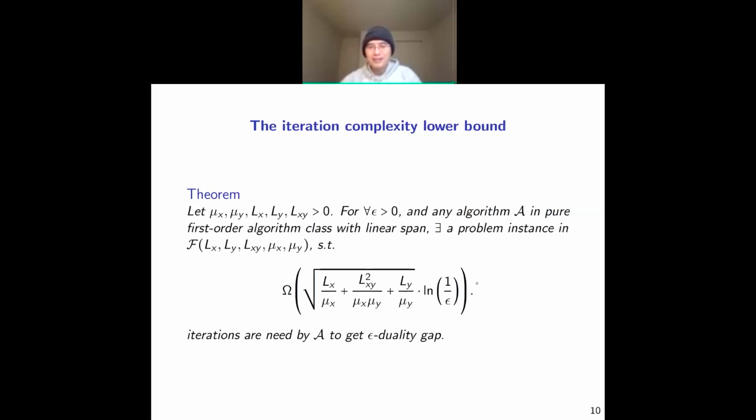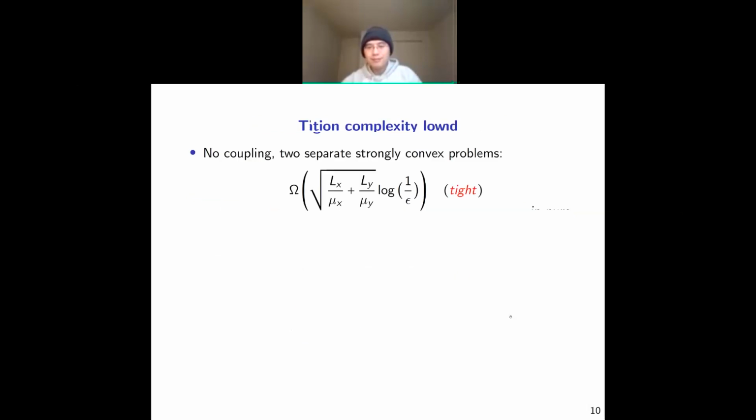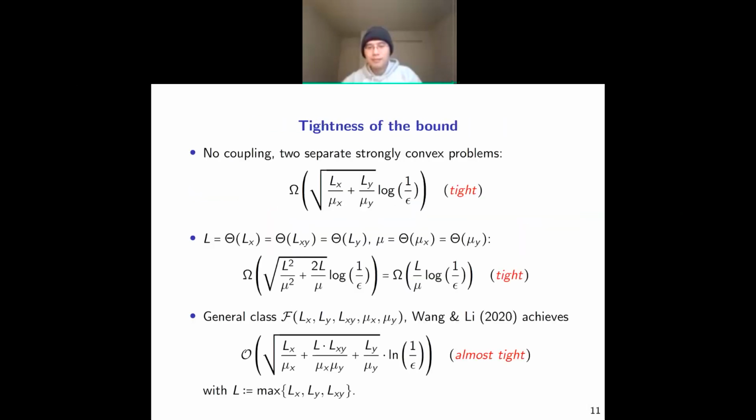Oh, so you're saying for the bilinear minimax problem, the upper bound is the same as this lower bound? Not this lower bound, because we'll use some other algorithm class. Okay. So when you purely use gradient information, the tight upper bound is not known yet. Okay, and also for your next slide, you mentioned the upper bound with a big L in the middle term, right?